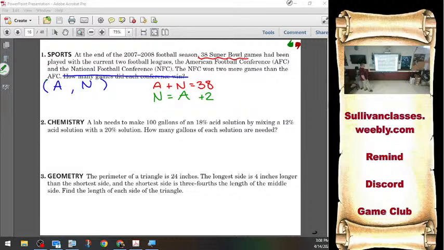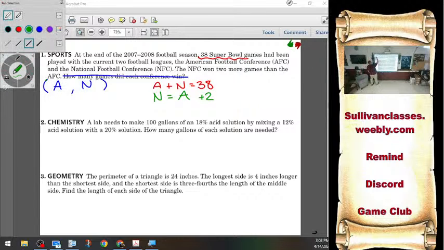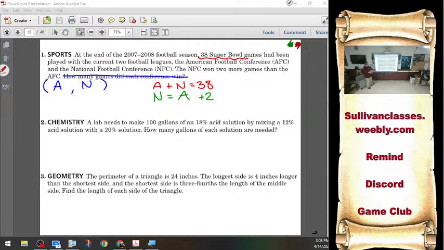Okay. The percent solution ones. They crop up an awful lot in Algebra Half, Algebra 1. You'll see them again in chemistry. These ones are sticky. You make 100 gallons of 18% solution by mixing this and this. How many gallons of each are needed? What they gave you was how many gallons of each thing.